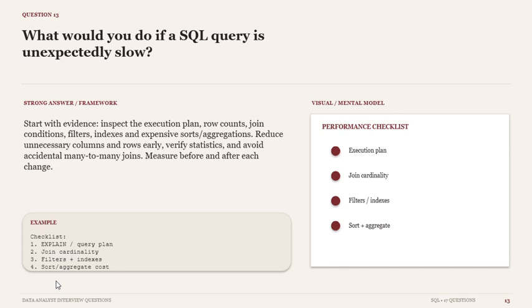This can be applied before joining or after joining. If I apply it before joining, it will reduce the number of joins. So join cardinality is very important. Also what filters, what indexes are being used, and what the sorting and aggregation cost is. If we jot down a clear plan like this, it will help us optimize the SQL query.